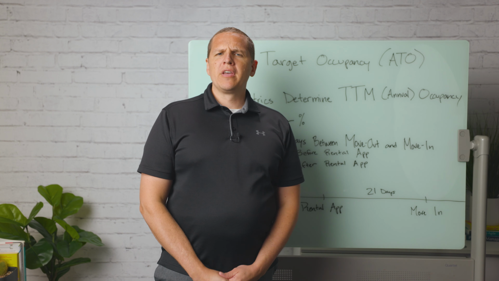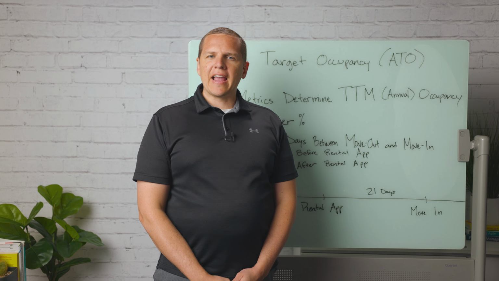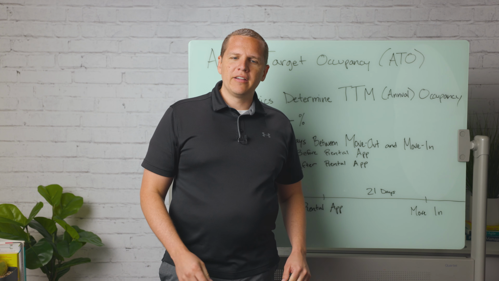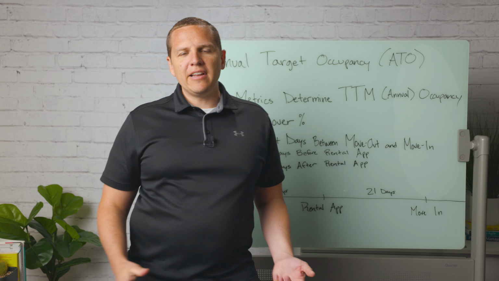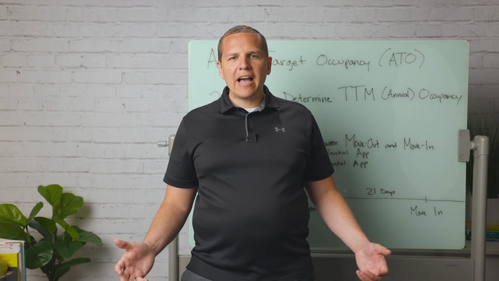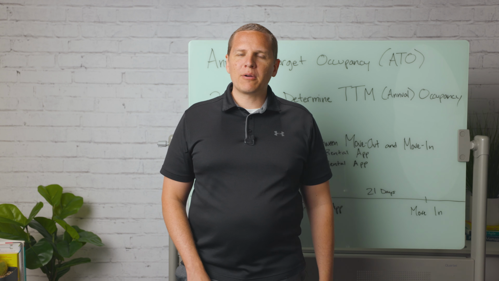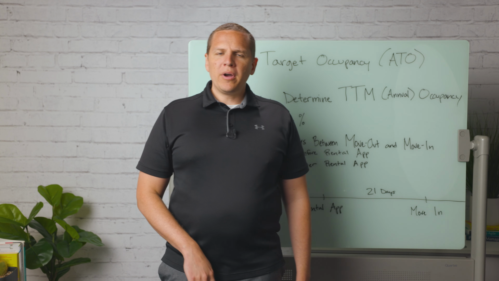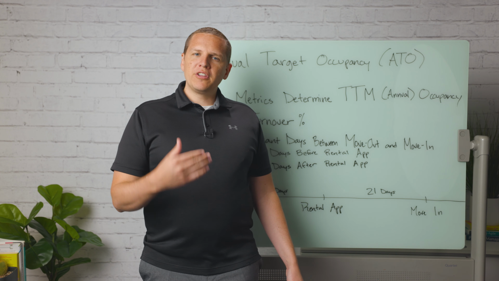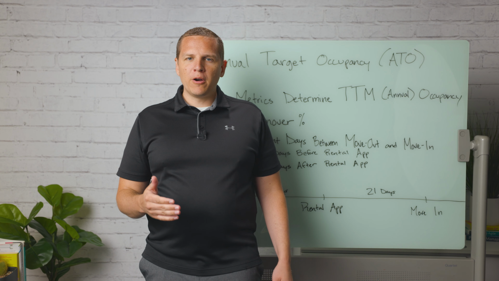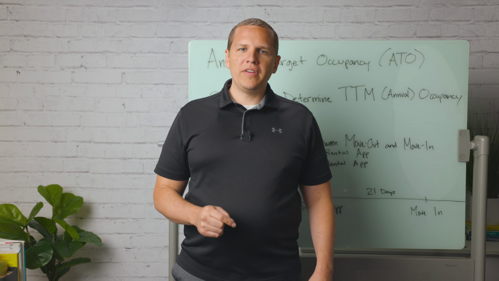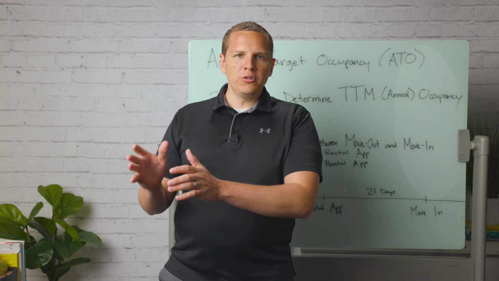For example, let's say your community is sitting at 98 or 99%. It's easy for your leasing agents to sit back and relax, pat themselves on the back with how good they're doing. But if they're at 99% and there's a unit that's available, they know, I need to get it rented within 15 days. They still have a target to shoot for.